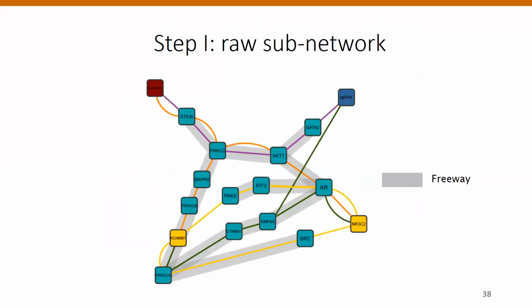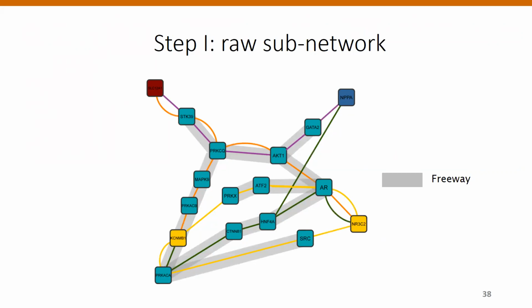So we start with the raw subnetwork of everybody connecting to everybody. The colors here denote the paths. So a red drug target going to a blue pharmacogene is colored purple. A red drug target going to a yellow disease gene is colored orange.